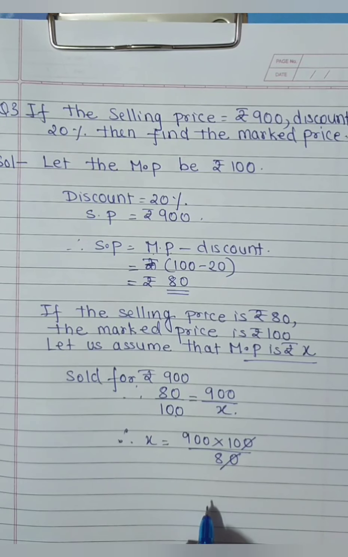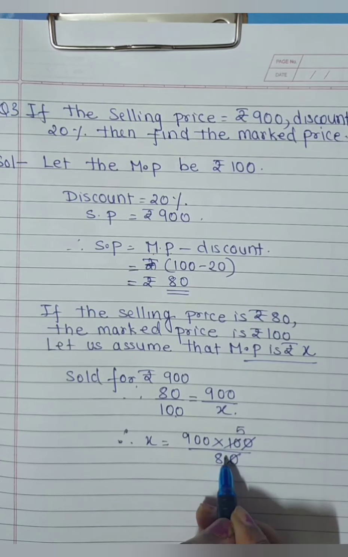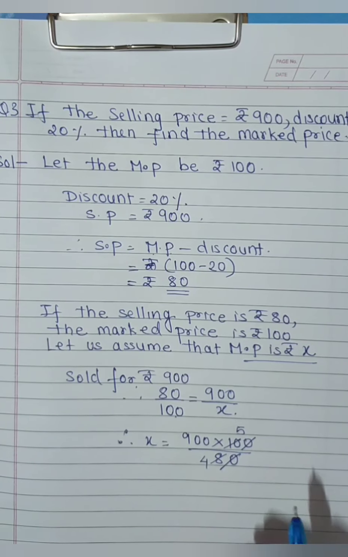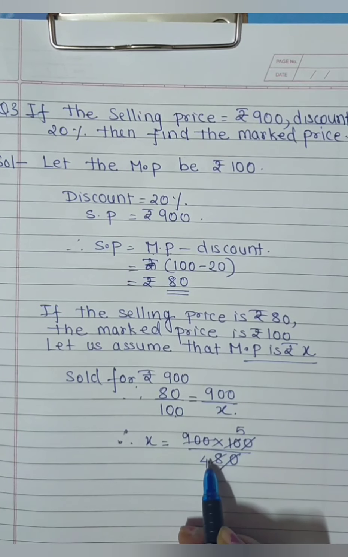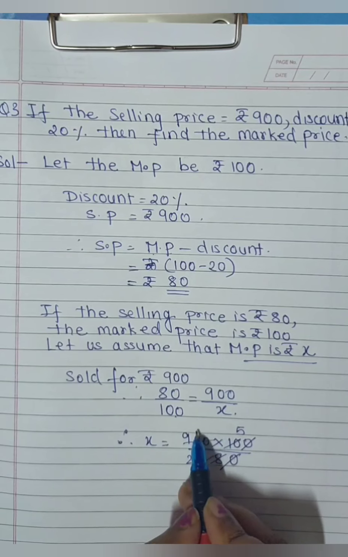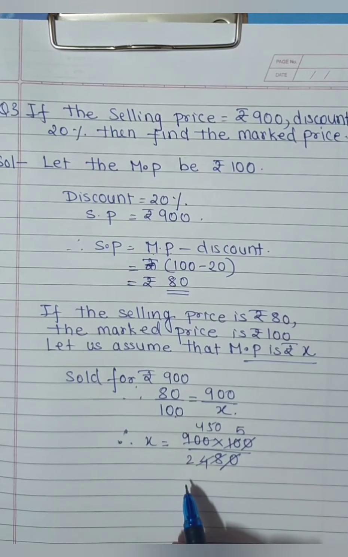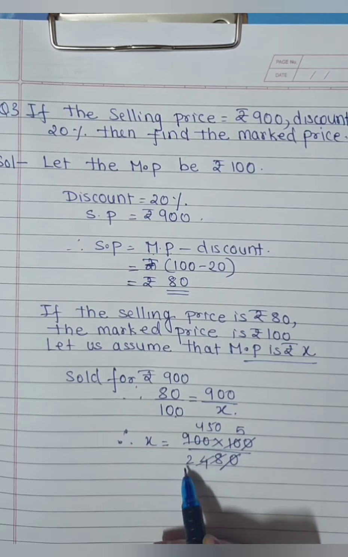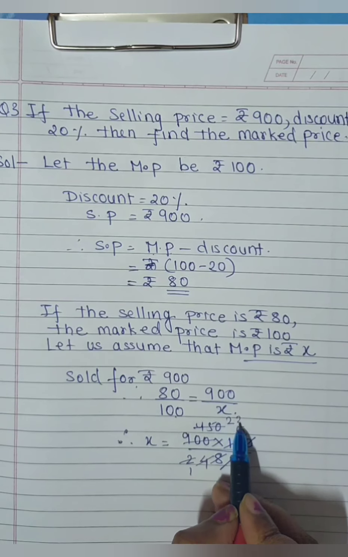Okay, now what remains? 2 fives are 10, 2 fours are 8, and so on.